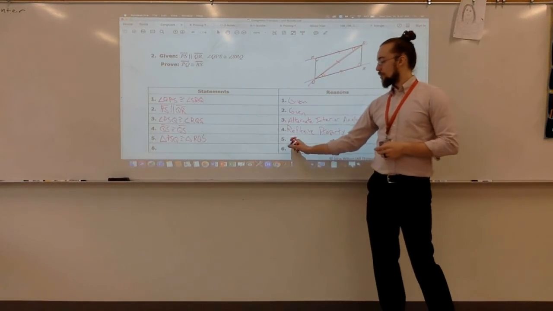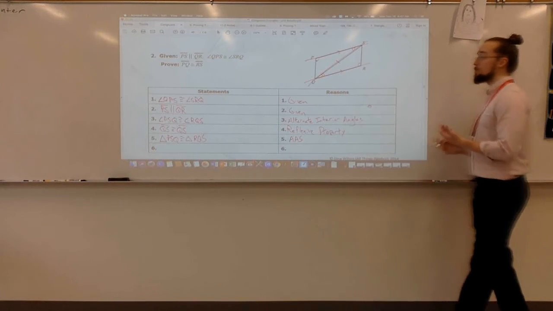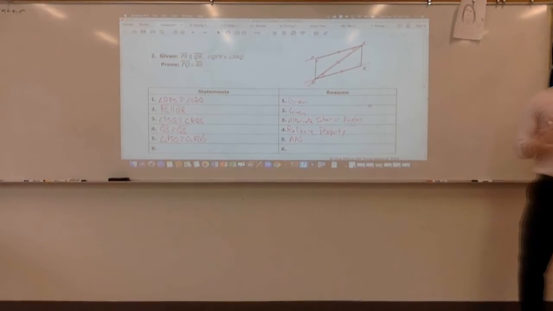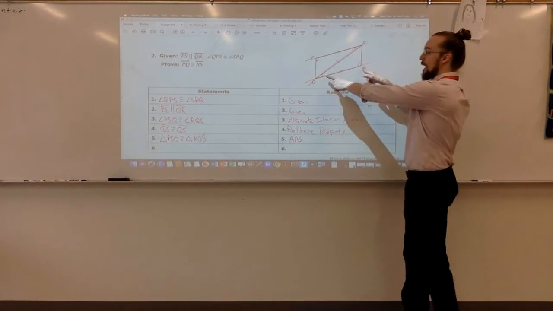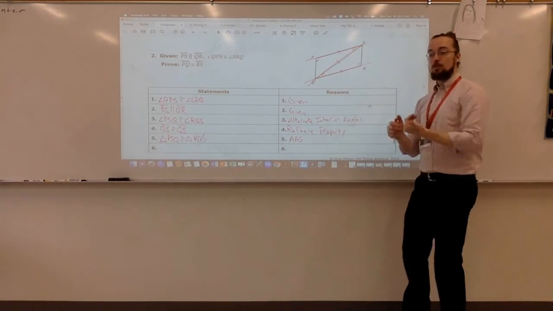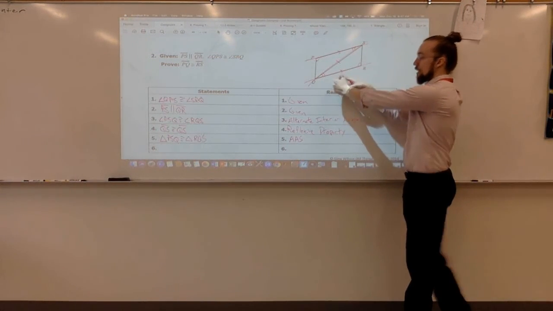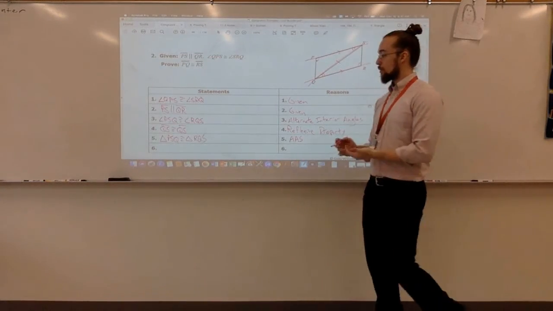And we said that was going to be by angle, side. And remember, the difference between angle, side and angle, side, angle. Okay, angle side is when I have two angles and a side not in between them. Angle side angle would be two angles and a side that is in between. Okay?